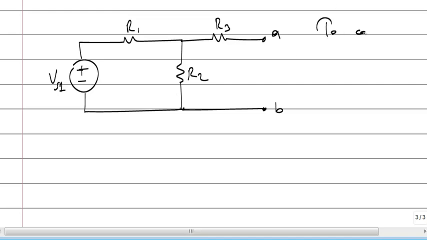To calculate R Norton, all sources should be turned off. What does it mean?